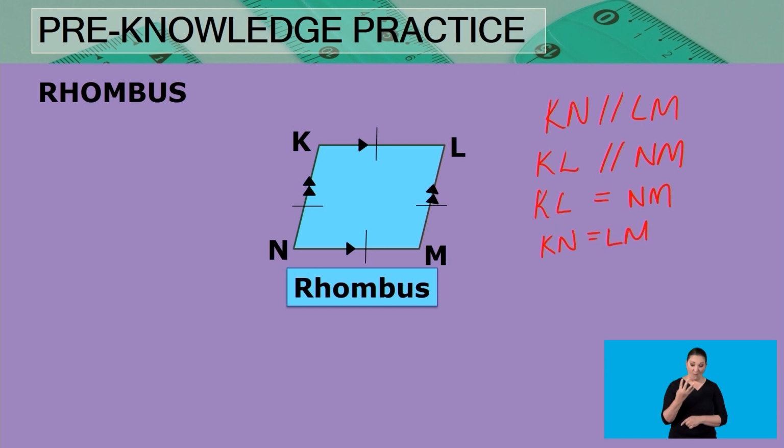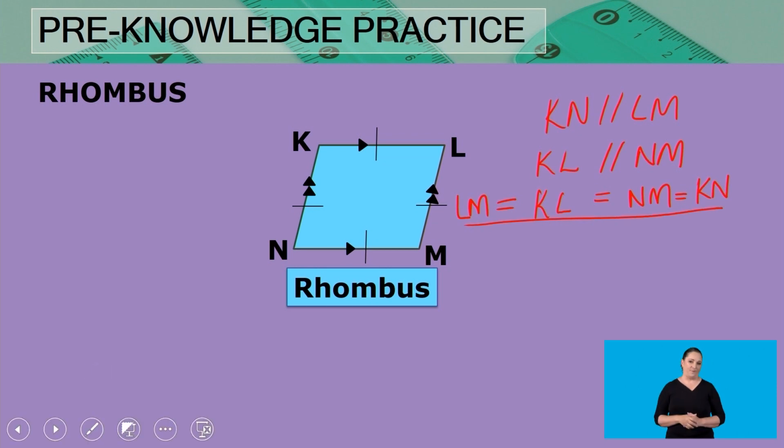But remember, we said this is a parallelogram that has all of its sides equal. So as much as KL is equal to NM, NM is also equal to KN, and that is also equal to LM. So all of the four sides are equal.